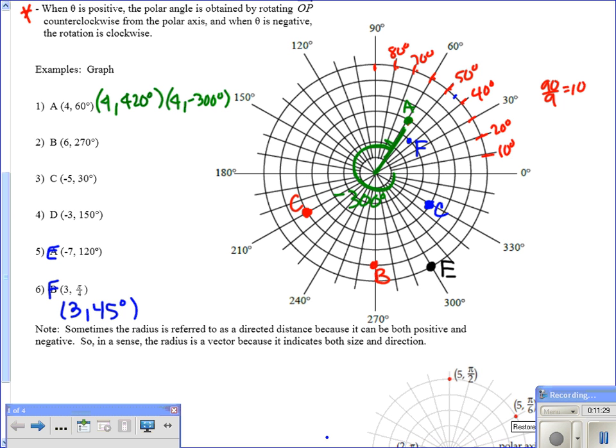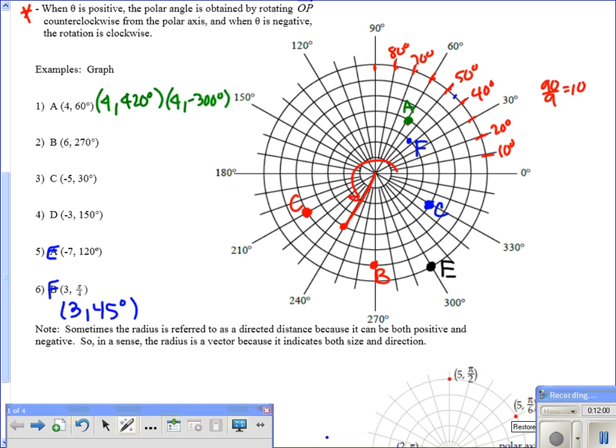Another way that I could represent this point would be, of course, to do the negative r. So if I did 1, 2, 3, 4, it would be right here. If I was here and then did the negative of my answer for this radius, that would also work.